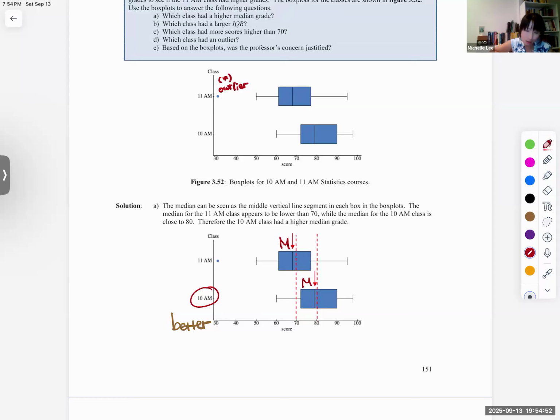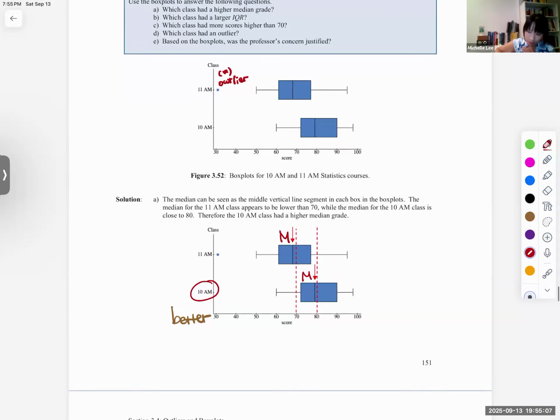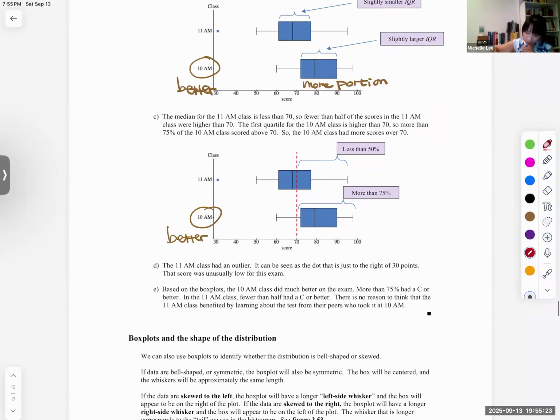Okay, based on the last question, based on the box plot, was the professor's concern justified, right? So basically, which class is better, right? Which class is not good, right? So based on that box plot, 10 a.m. is better, right?